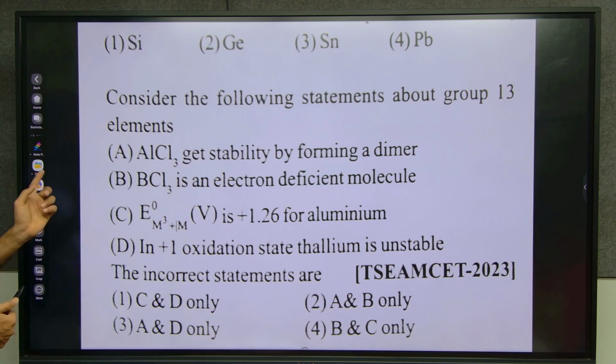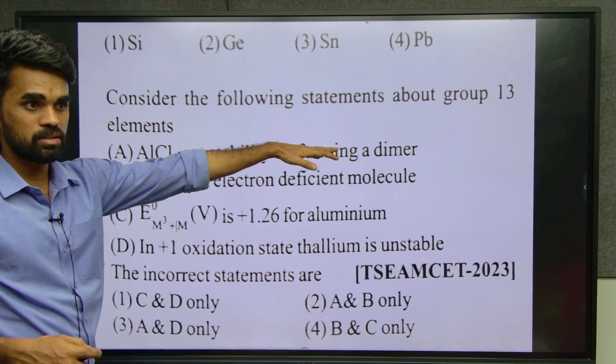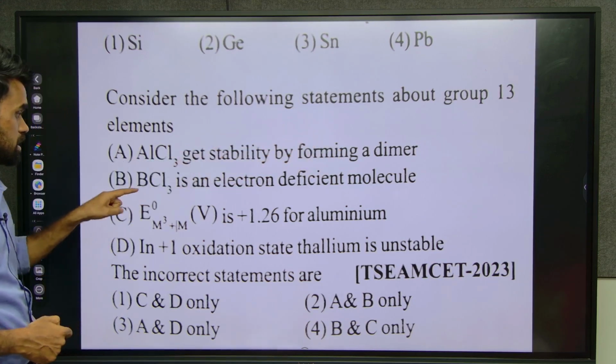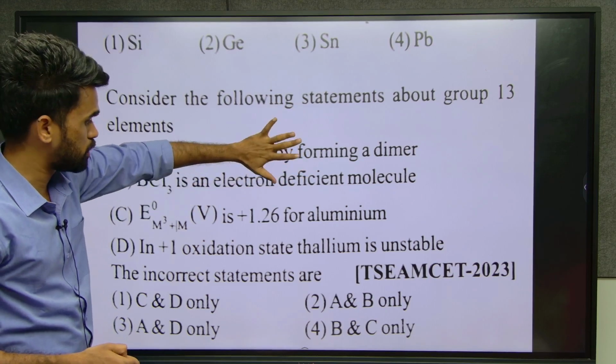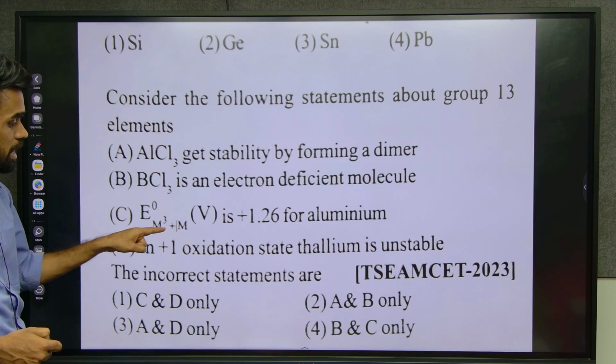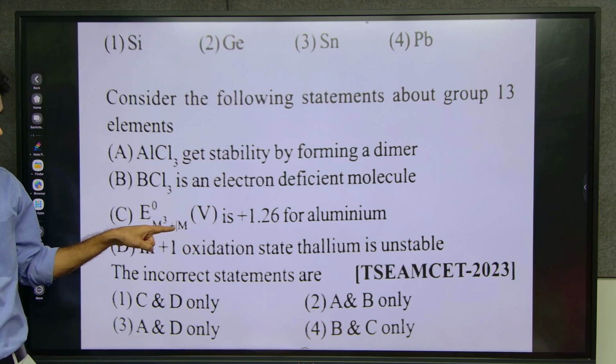Following statements and correct one. Pick out the correct options. Incorrect options they are asking. So AlCl3 gets stabilized by forming dimer. Morning we discussed. Next, BCl3 is electron deficient. This is also correct. First 2 statements are correct. See, this is reduction potential or oxidation potential. +3 converting into 0 means reduction.